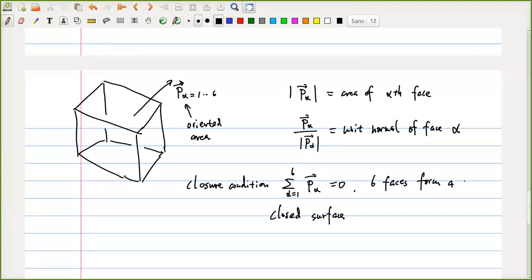Because these 6 faces form a closed surface, you get this closure condition.